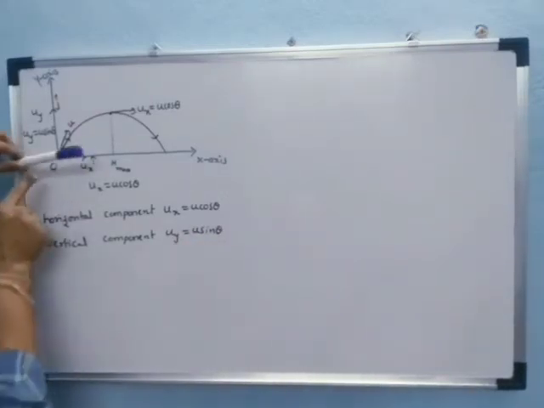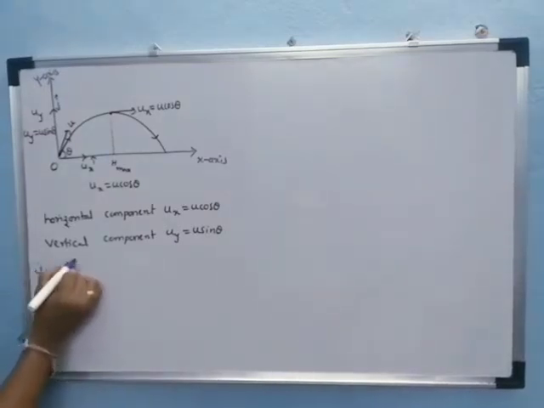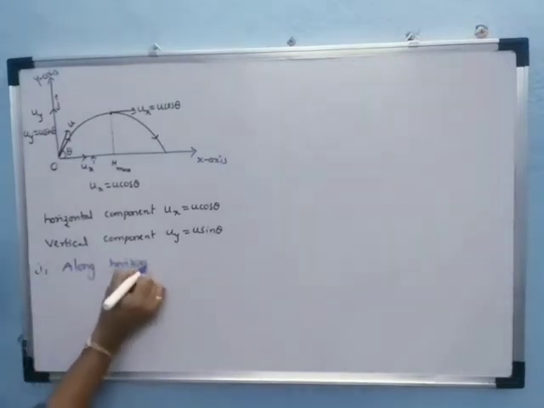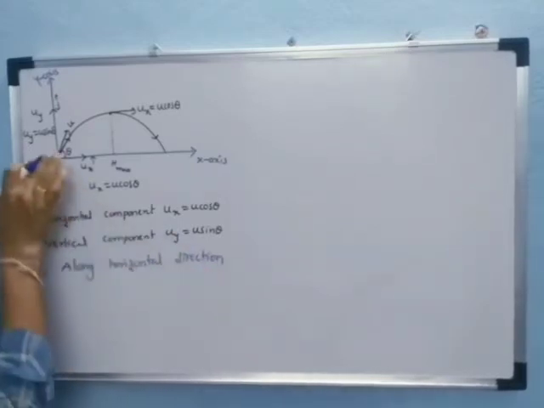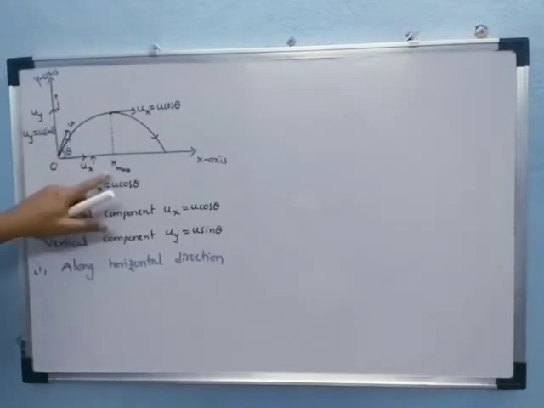But along the horizontal direction, the velocity remains constant, which means there is no acceleration. See, we can find out in two conditions. Along the horizontal direction, because the body is thrown at a certain angle theta, it can be resolved into two components.